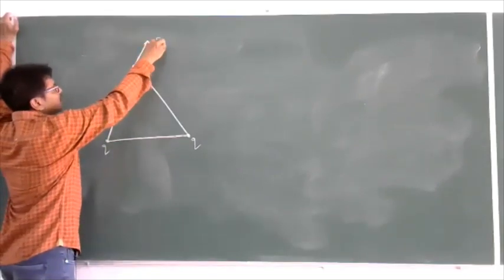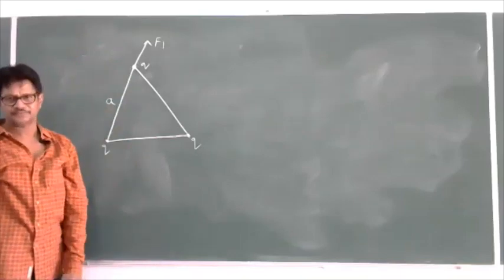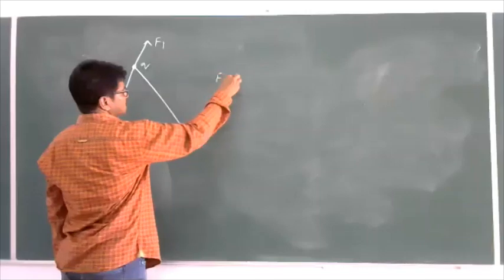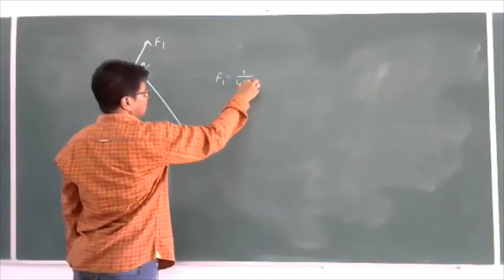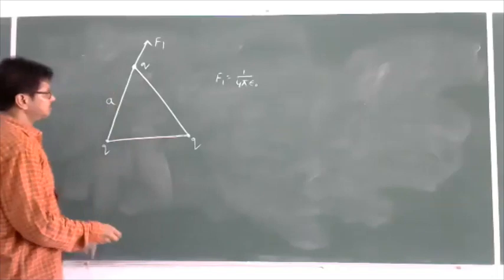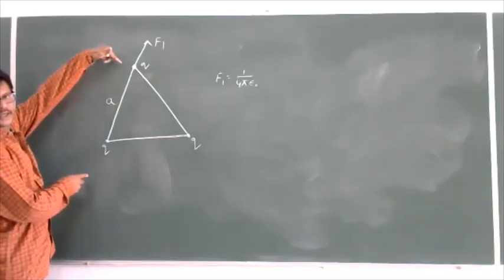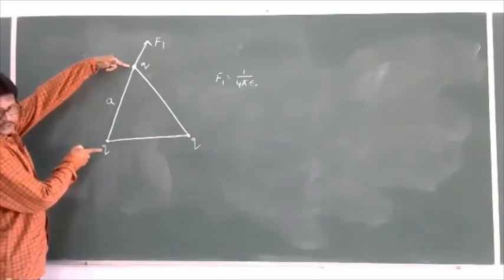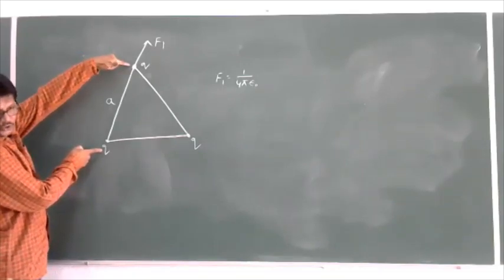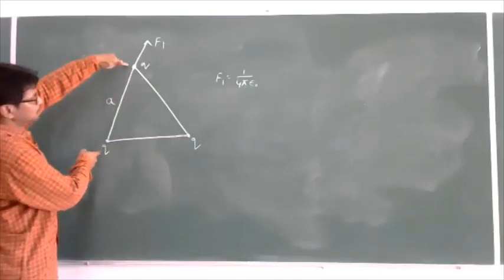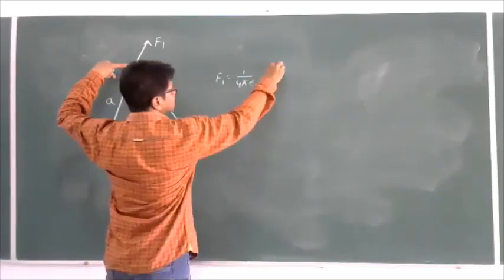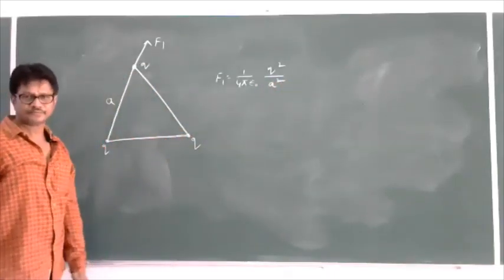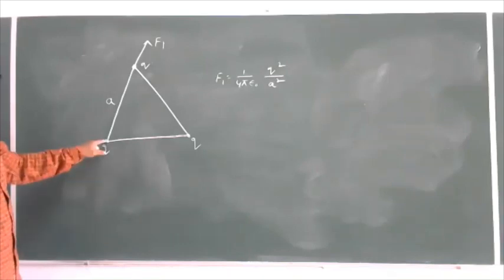In this direction, F1 will act. What is F1 now? F1 is equal to 1 by 4 pi epsilon naught, Q1 Q2, where Q1 is Q and Q2 is also Q. So Q into Q, Q square divided by A square. This is F1.